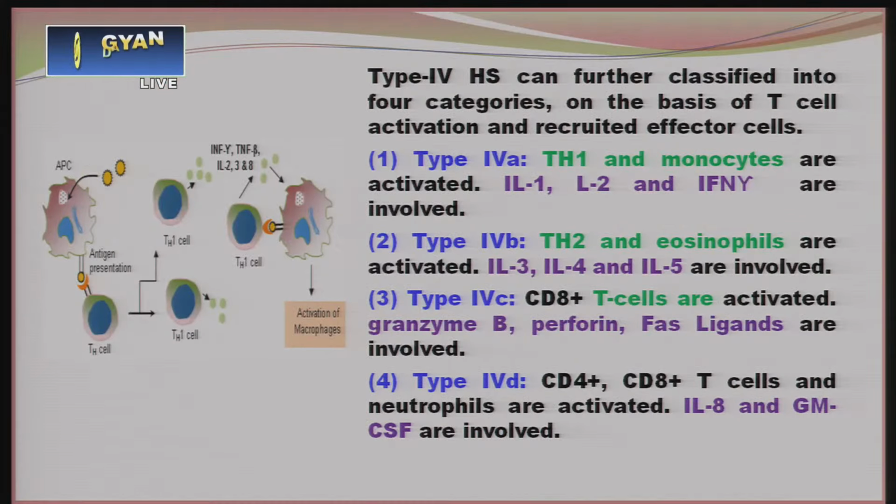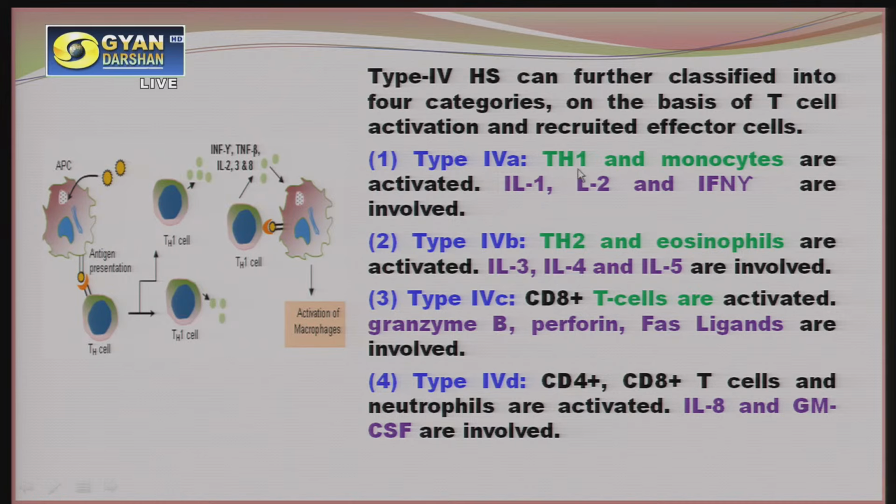Type 4 hypersensitivity can be further classified into 4 categories on the basis of T cell activation and recruitment of effector cells: type 4A, 4B, 4C and 4D.